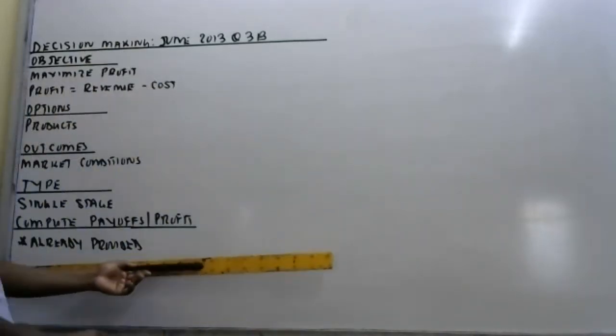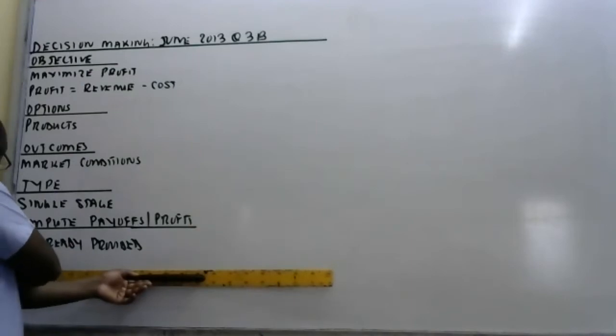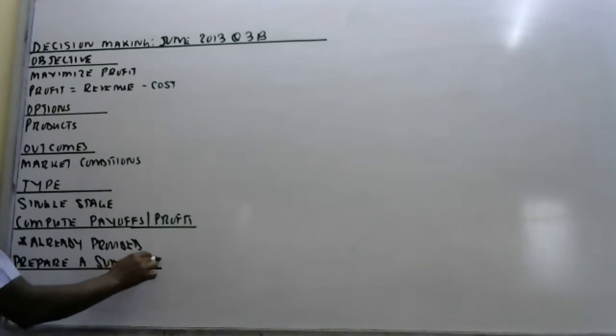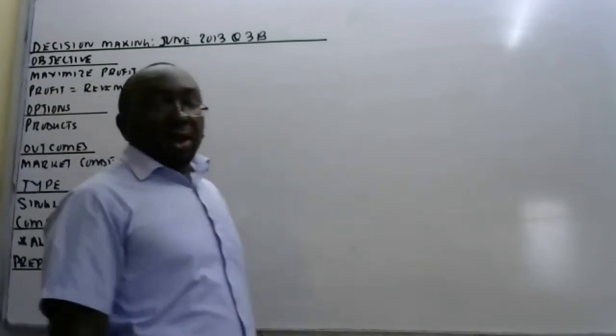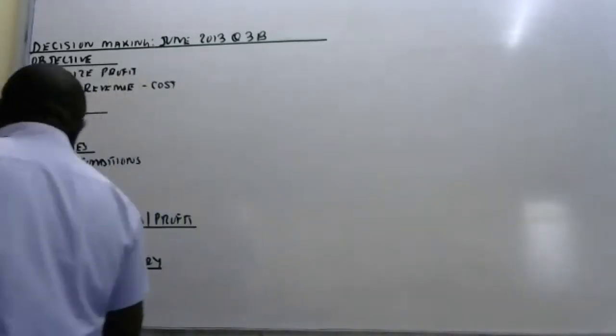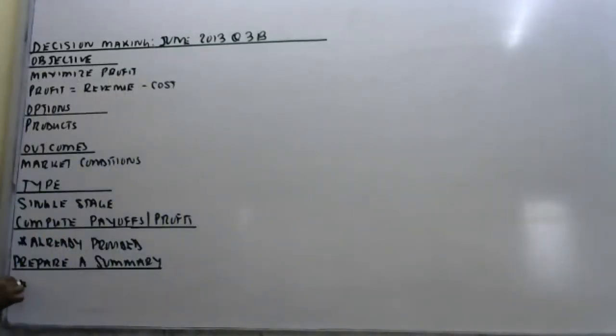Then from there, you prepare a summary. When you are in the single stage, the summary is called a payoff table.